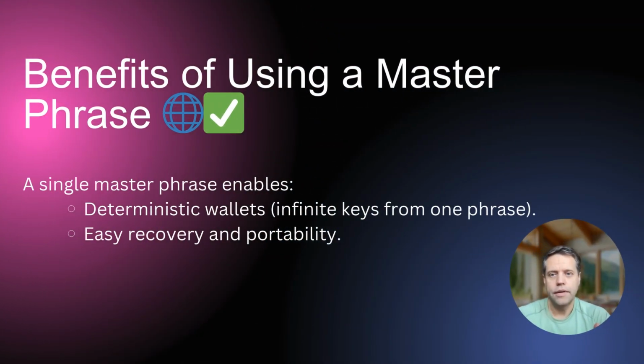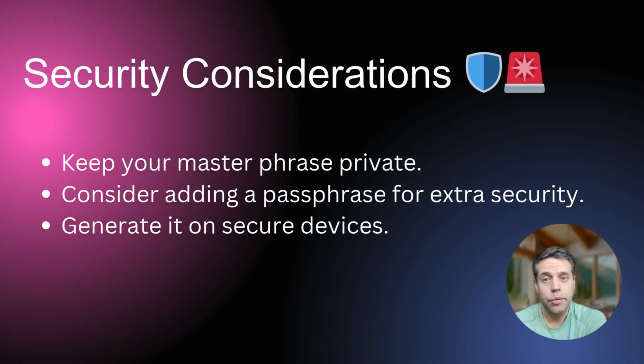And the benefits are obvious for deterministic wallets, meaning that you can generate the same set of infinite private keys using that one phrase. That is very important, which means you can then easily recover or port your wallets from one application to another. So keep your master phrase private, right?